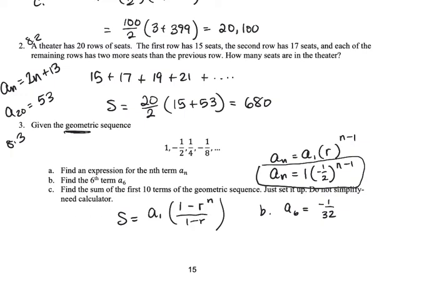So it would be 1 for the first term, and then 1 minus, I'm going to go ahead and use decimals here, negative 0.5 to the 10th power, divided by 1 minus negative 0.5. And then, from there, they say don't worry about simplifying that expression. Just use a calculator to figure out what everything is.